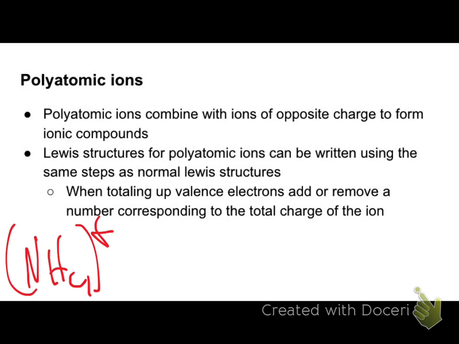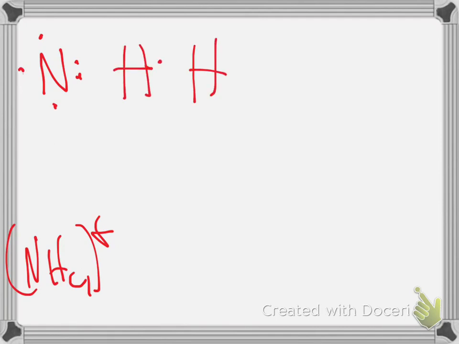we would do what we had normally done, and I'm going to give myself a blank paper for this, where we had nitrogen, which we know has 5 valence electrons, and then each of our 4 hydrogens, which each have 1.